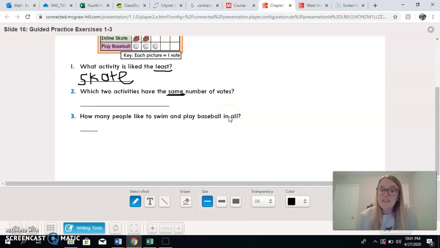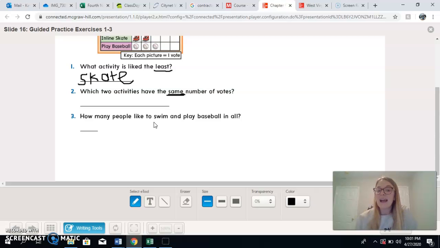And at the very end, it says in all. When it says in all, you know that you are supposed to be adding something together. We need to figure out what that something is. So I see that it has the word and, and I see at the end it says in all.